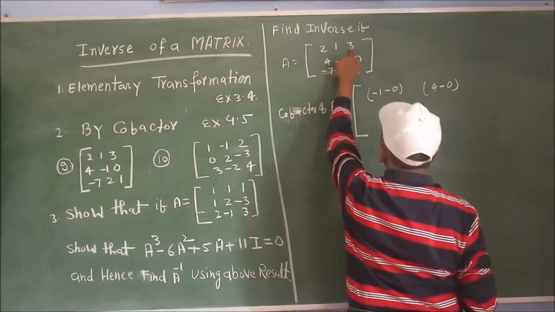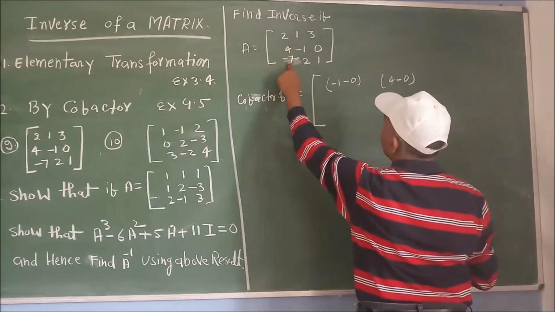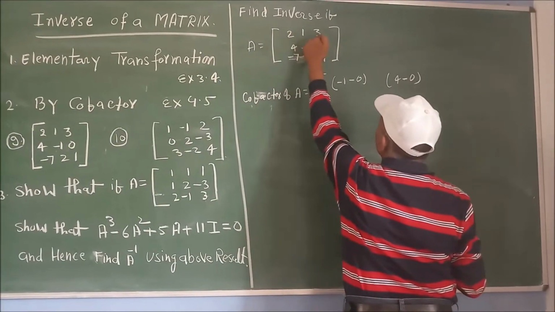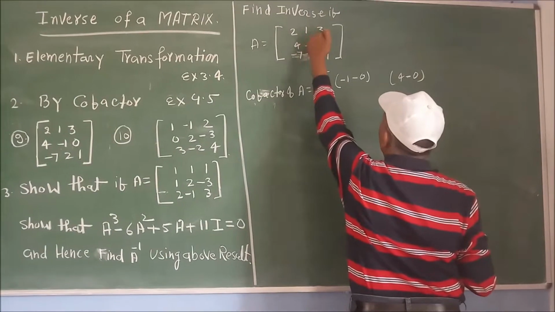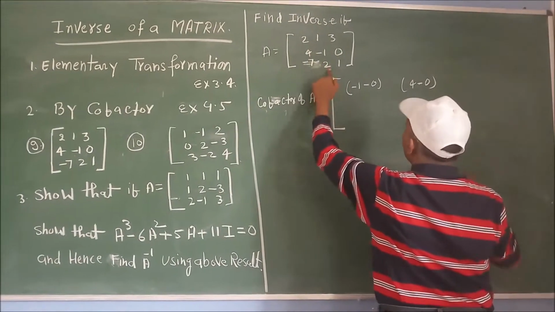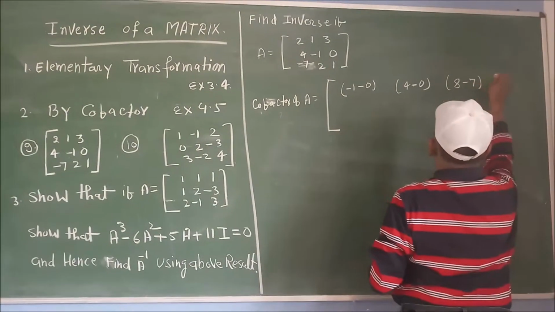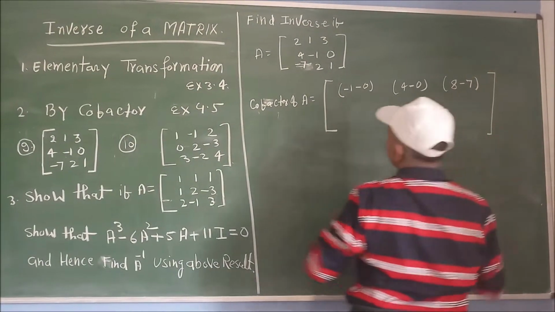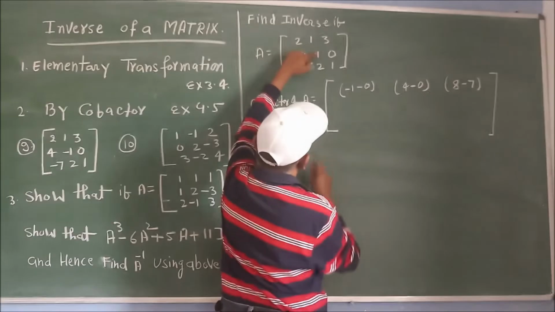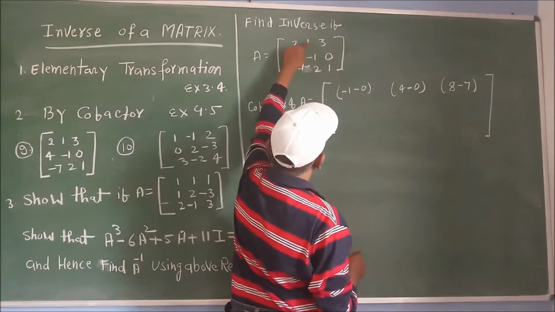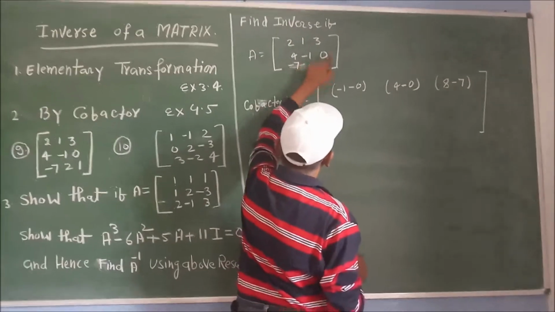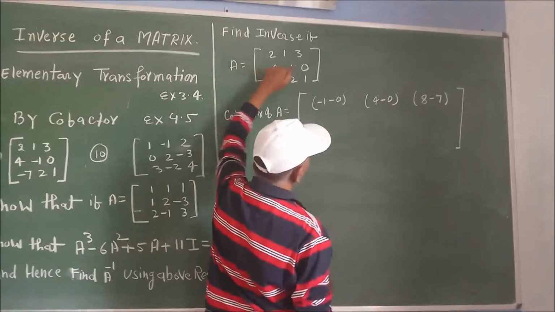And cofactor of 3: this will equal minus 7, cancel R1 and C3, so 4 into 2, you will get 8 minus 7. So once again check: for 2, minus 1 minus 0; for 1, 4 minus 0; and for 3, 8 minus 7.